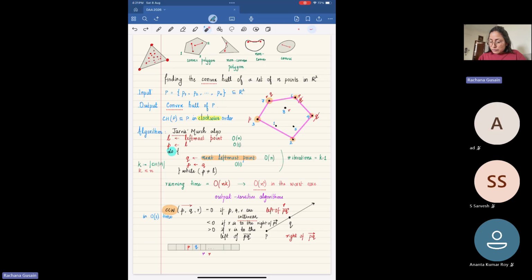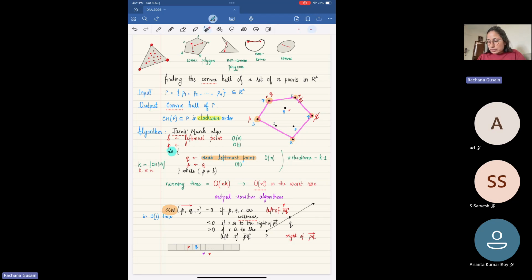Okay, so it should be either clockwise or counterclockwise, and since this is cyclic, it does not matter which is the first point. Any point could be the first point. So let's say this is first, and let's say the points are given in clockwise order: 1, 2, 3, 4, 5.